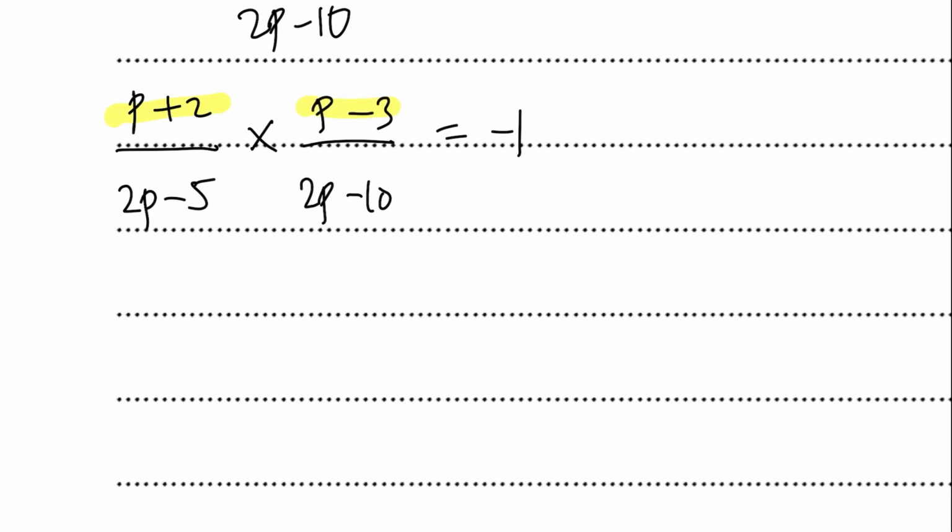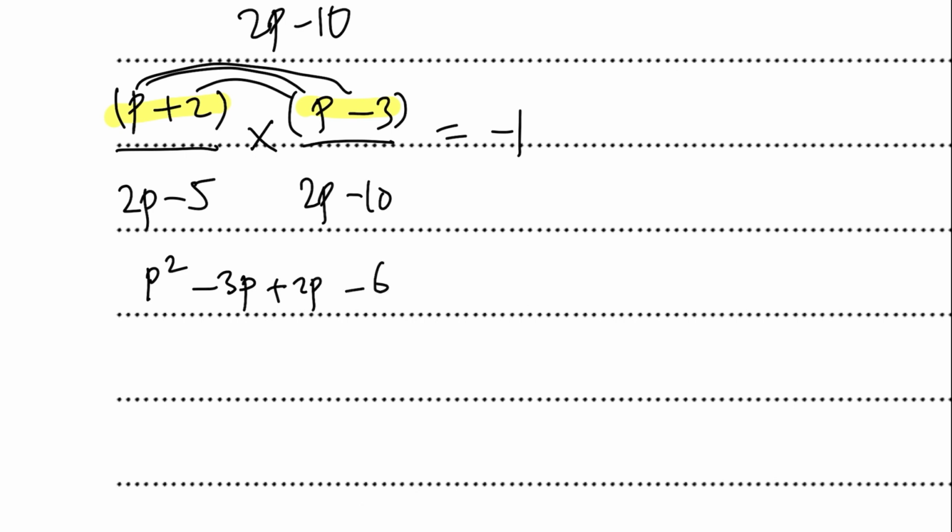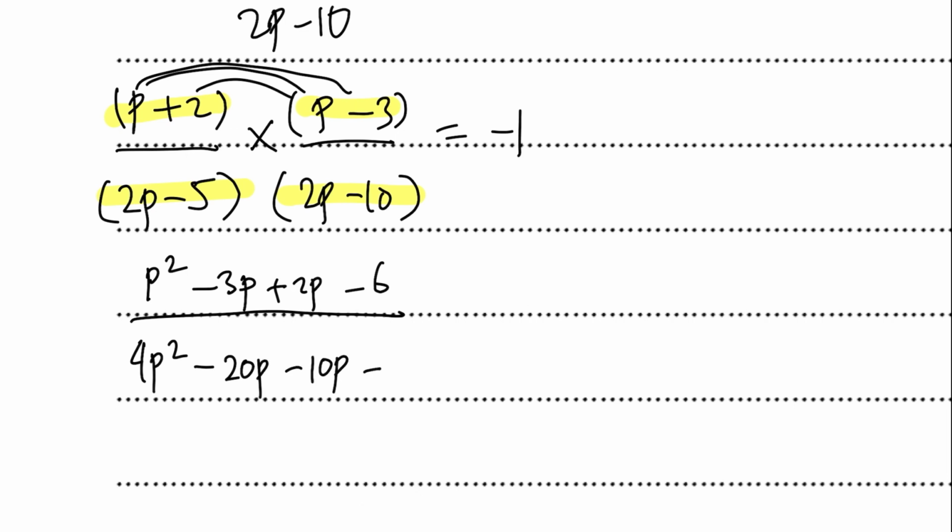We will get p squared, it's like a bracket, then just multiply: p squared minus 3p plus 2p minus 6 over, we also multiply this with this, the bottom part. We will get 4p squared minus 20p minus 10p plus 50. Yeah, and that equals -1.